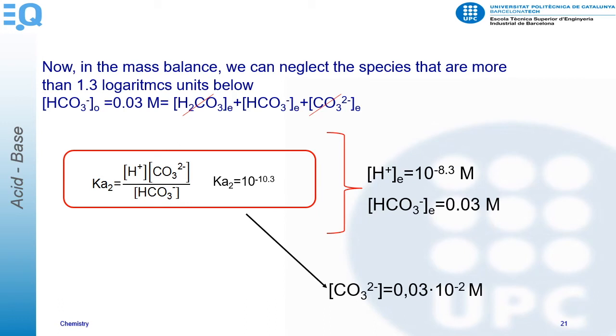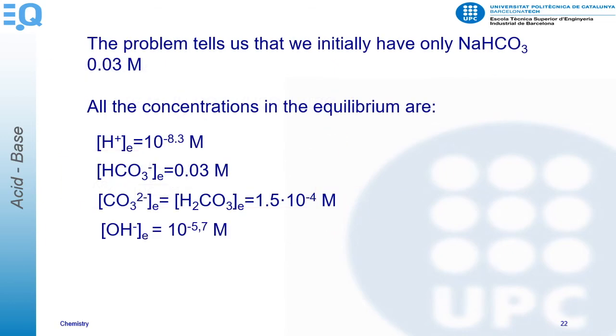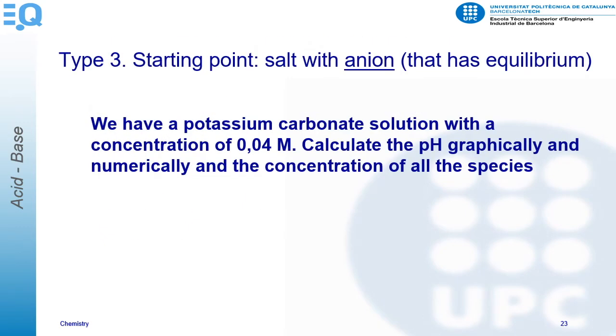Knowing this concentration, we can find out the carbonic acid concentration. Knowing the carbonic acid concentration, using the Ka2 constant, we can calculate the carbonate concentration. As a summary, we will write all the concentrations of the different species in the same slide, or in your case, piece of paper. Now let's have a look at the third example.